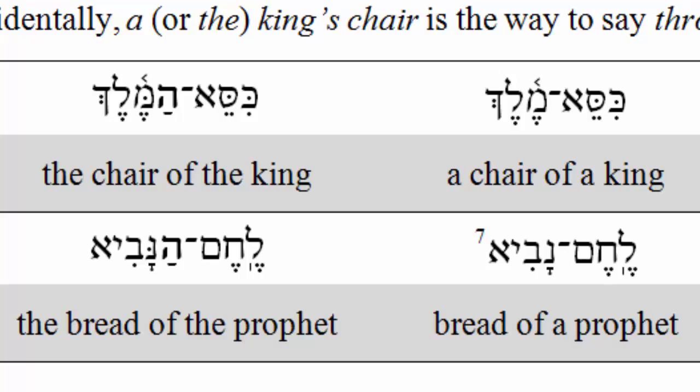In Hebrew, we only put an article on the last member of a construct chain, but it renders everything upstream definite. So, for the needs of English expression, we need to multiply that article, and the article will apply to everything upstream. The bread of the prophet. That's the translation for lechem hanavi.